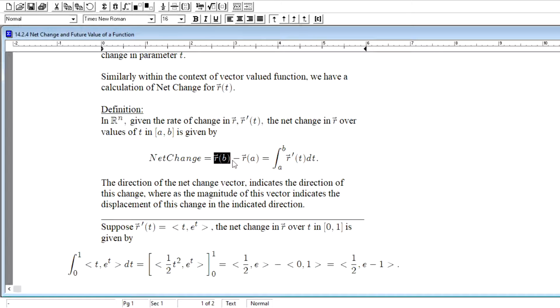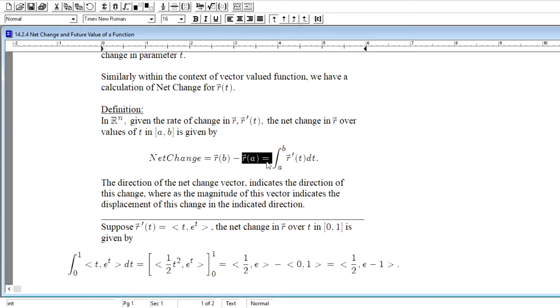Now, what this allows me to do is, if I just have a little bit of information about a specific location in space at, say, time t equal to a, I can use that information along with the rate of change in that position in space, r bar prime of t, over some interval of t, starting at a and going up to b, to come up with a description of position r bar of t at any point in time t after that observation at t equal to a.